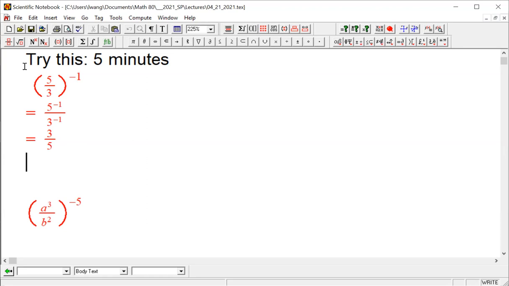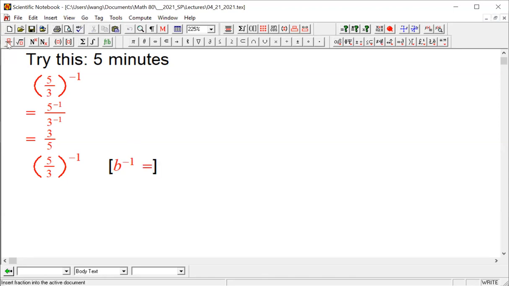Sometimes people might do this. This person will treat this as b raised to the power -1. B raised to the power -1 is, of course, 1/b. And the b here is the entire fraction.